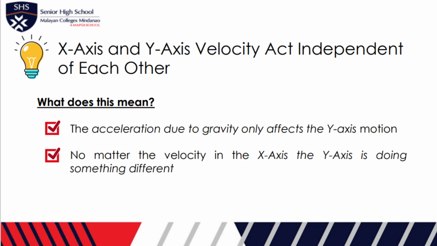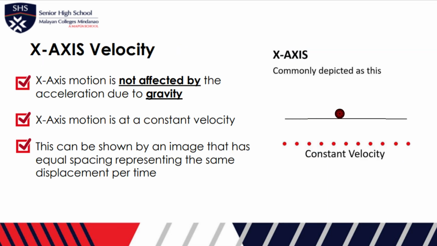To talk first about these axes, we have the x-axis. In x-axis velocity, x-axis motion is not affected by the acceleration due to gravity because, as mentioned earlier, it is not dependent on gravity. Now, x-axis motion is at a constant velocity.